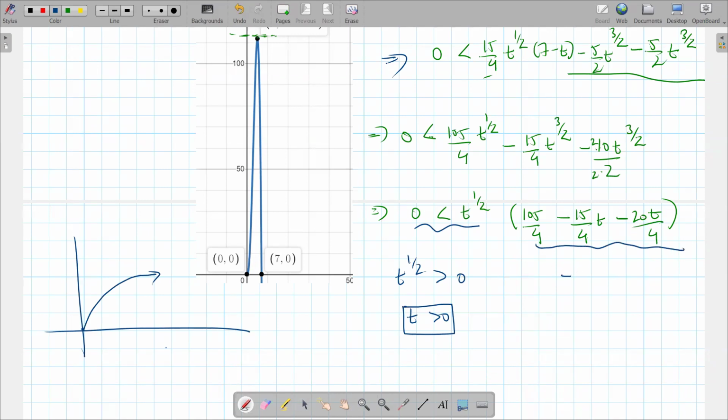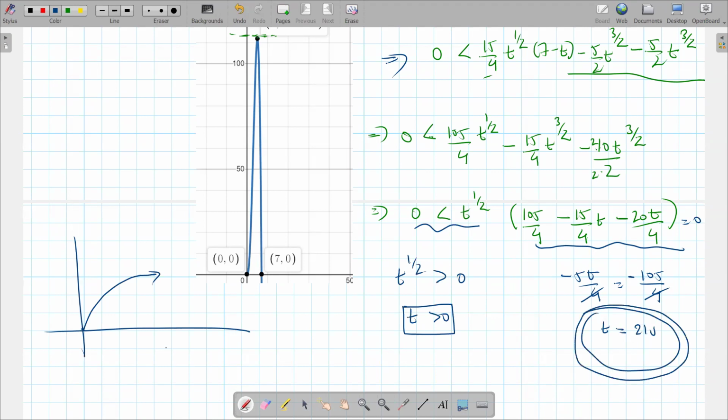So that's negative 5T over 4 equals 105 over 4. This and this cancel out. T will be, again, we're setting this bracket equal to 0, so T will be 21 seconds. So there we go. And that'll be the answer.